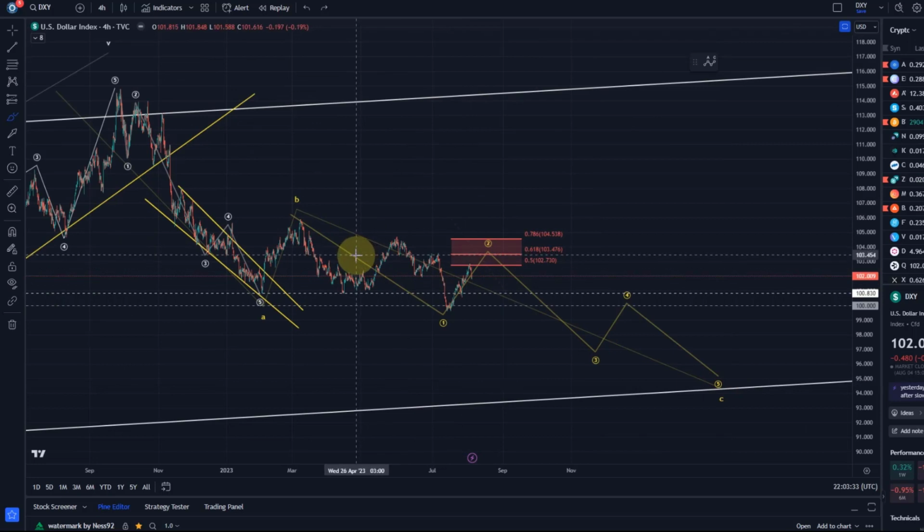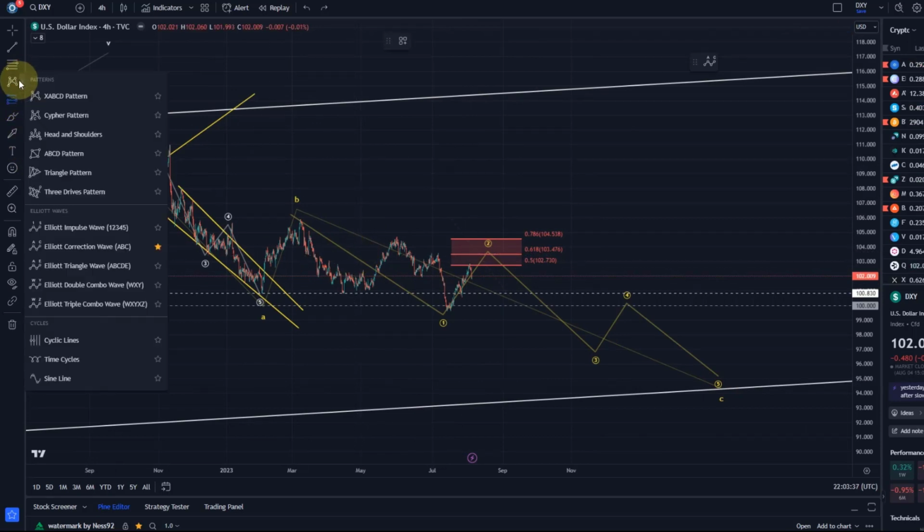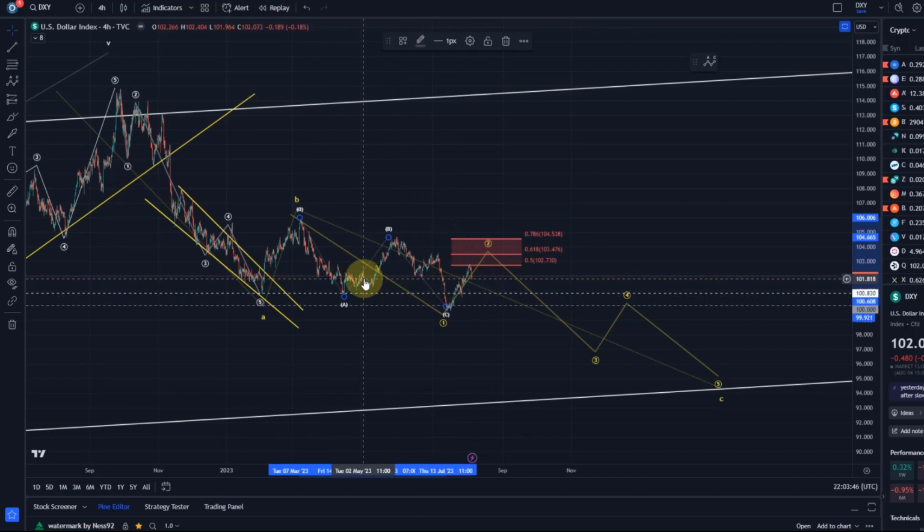If it's an ending diagonal, then we're dealing with corrective waves in the subwave structures. So also here the wave 1 would be an A, B, C, or maybe even a WXY. Let me think if there's a different way of solving this. A wave, B, yeah, it's probably the WXY. It doesn't matter.